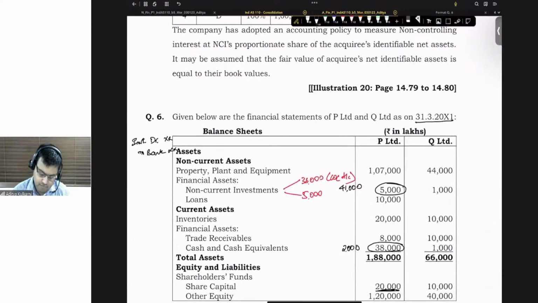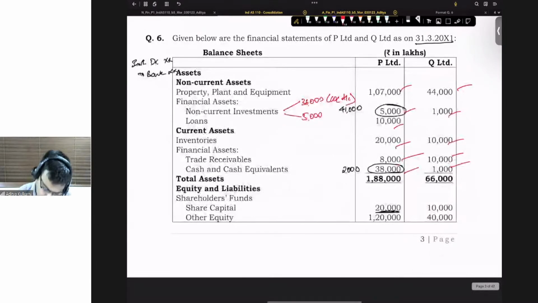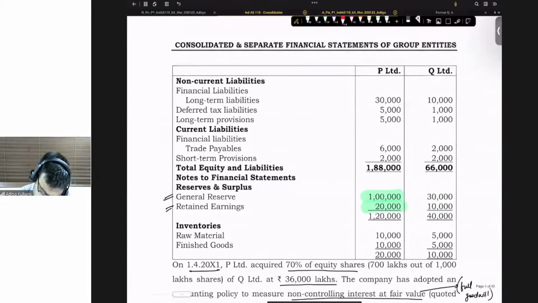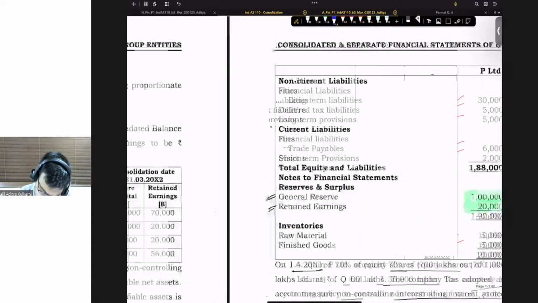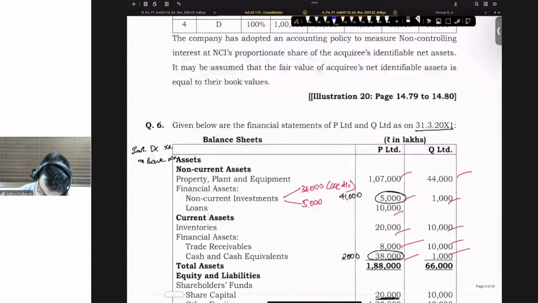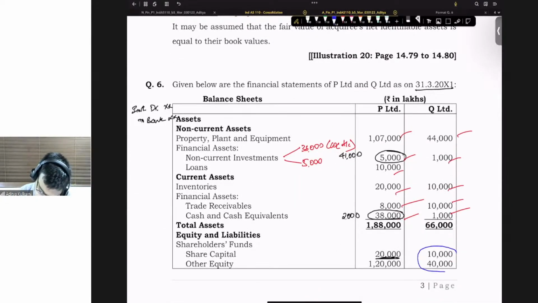We are done with recording 1, 2, 3, 4, 5, 6, 7, 8, 9, 10, 11. We are also done with accounting assets and liabilities, and the inventories also. So what is left is reserves and share capital.